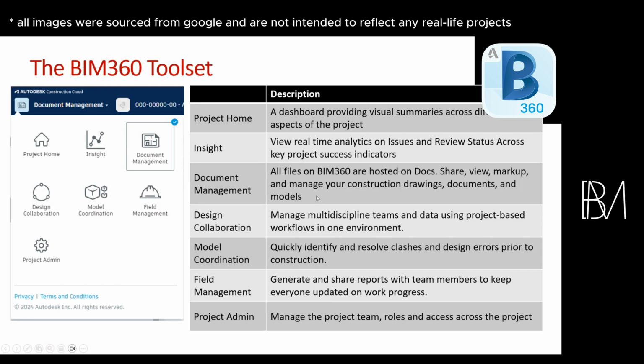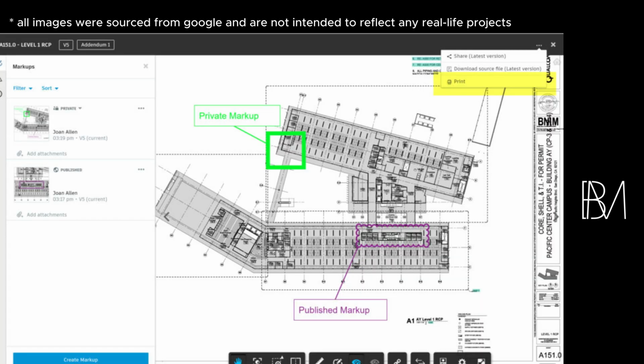Document management is where all your files are hosted on Docs. That's what it's called on the Autodesk Desktop Connector. And here you can share, view, markup, and manage your construction drawings, documents, and models. So you can work both with 2D and 3D. You can do markups similar to how you would do them on Bluebeam.